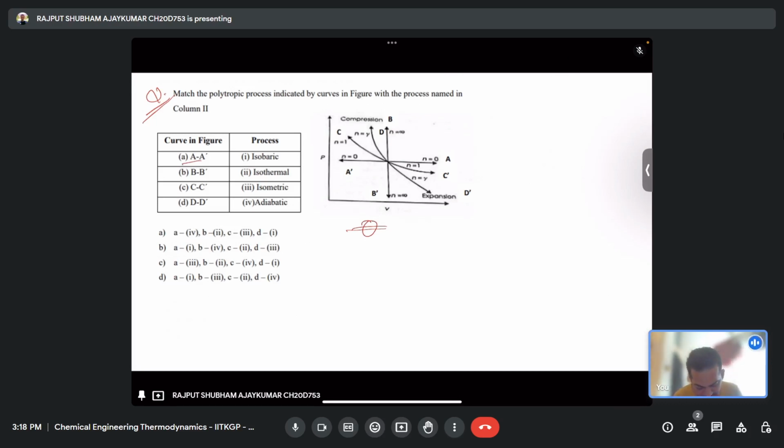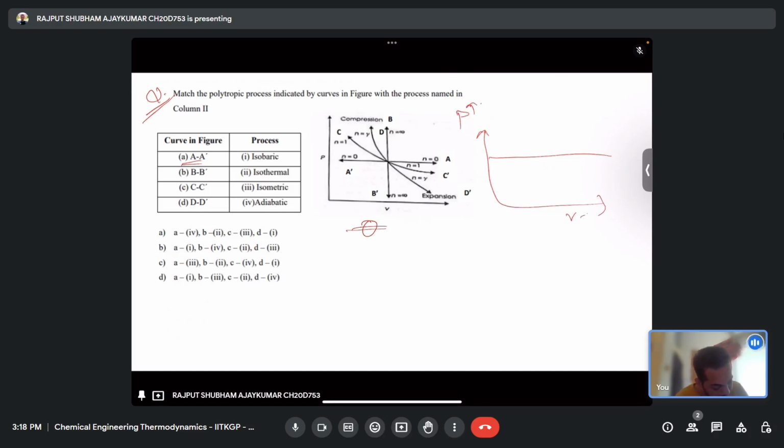A dash corresponds to constant pressure. Since the pressure is constant, you can see this line. If you take the plot, this is pressure and this is volume.